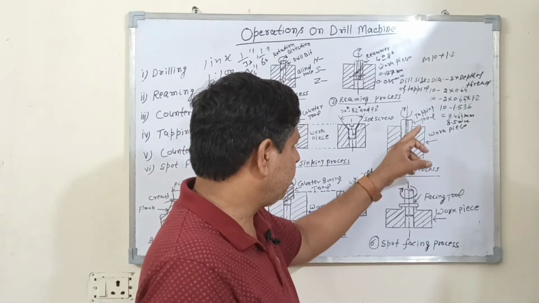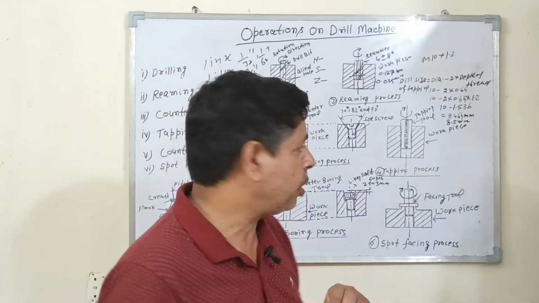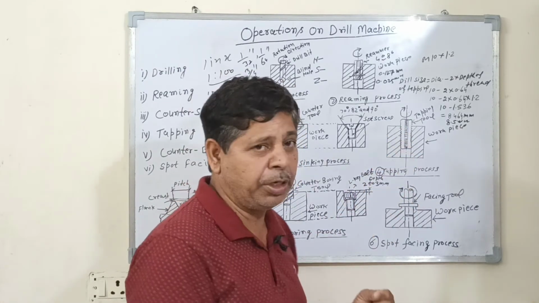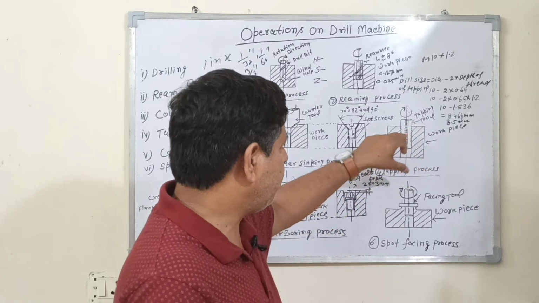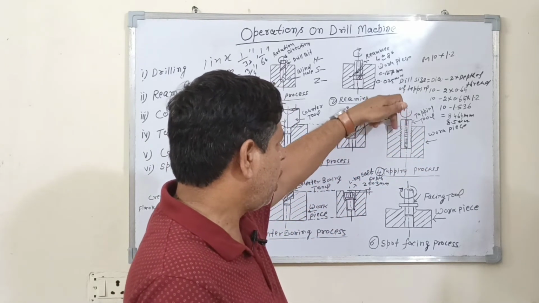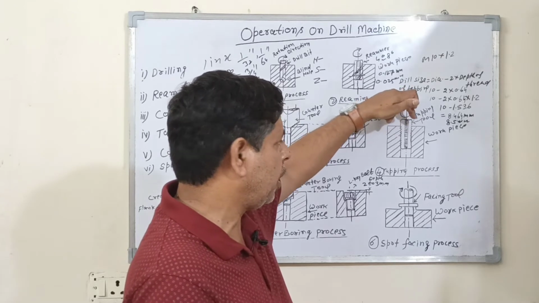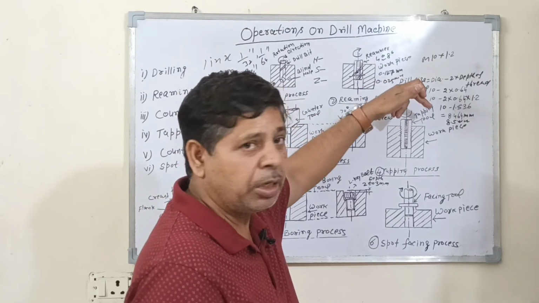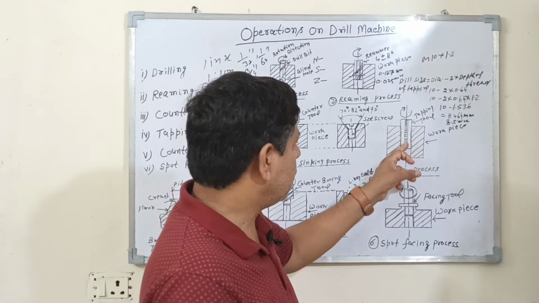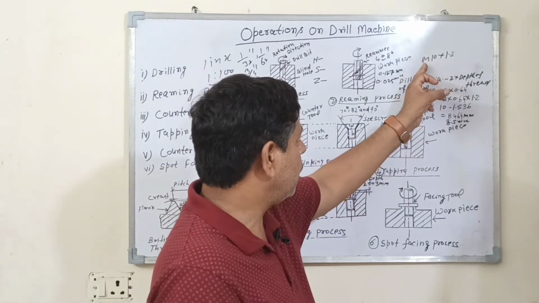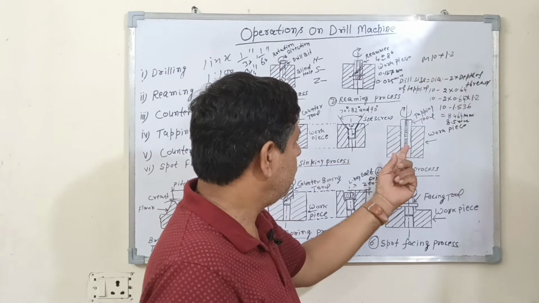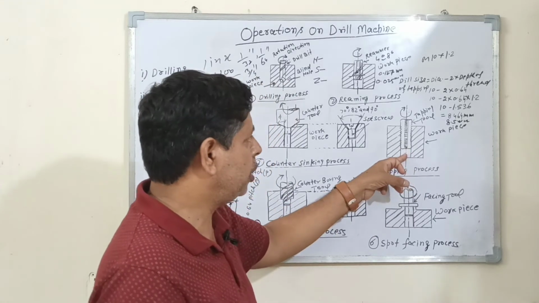This type of tapping is used in both anti-clockwise and clockwise direction to make the internal thread. So you will cut the M10 into 1.2 mm thread in this workpiece.